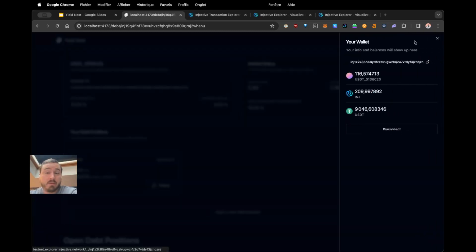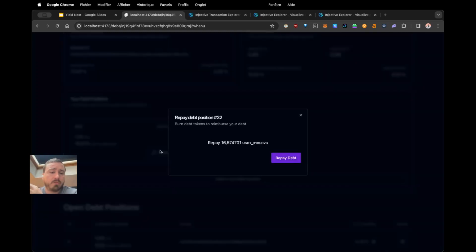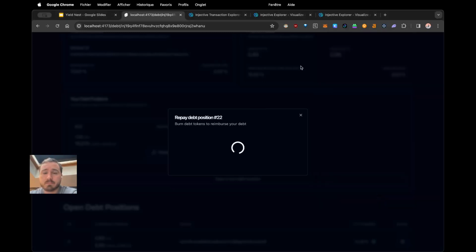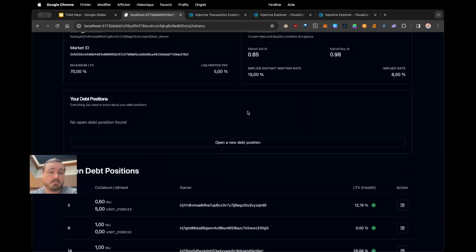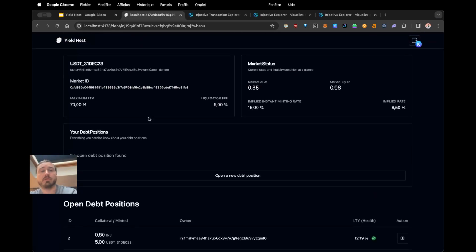Because I've already opened some debt tokens before, I do have some in my wallet. So I'm able to repay my debt. So we wait for the transaction to be accepted into the network. And there we go. I've closed my debt position. And we're done.